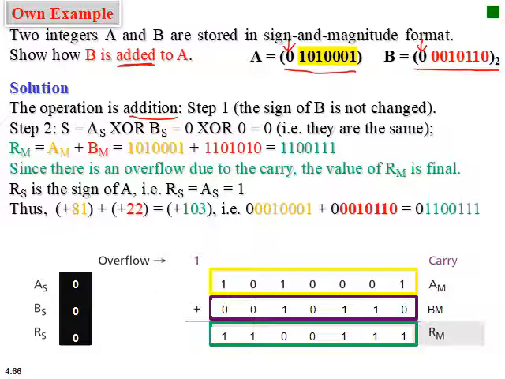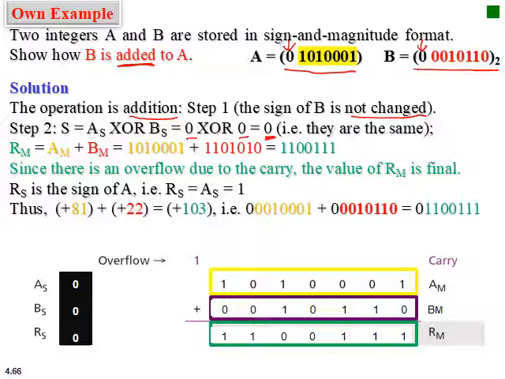So again, step 1 is simply skipped. The sign of B is not changed. Everything stays as it is. Step 2, we get the XOR between the sign of A and the sign of B. We know the sign of A is positive and the sign of B is positive, so the result of the XOR there will be 0.